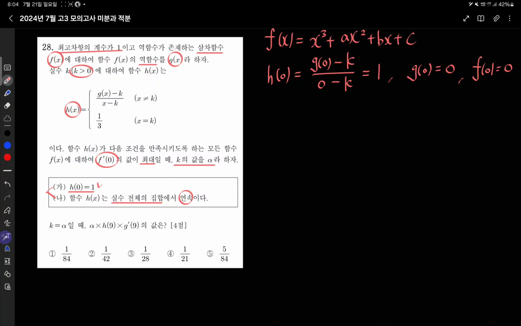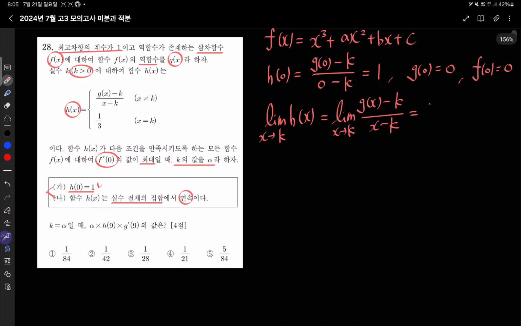And to be continuous, when x approaches k, the limit value should be equal to 1/3.